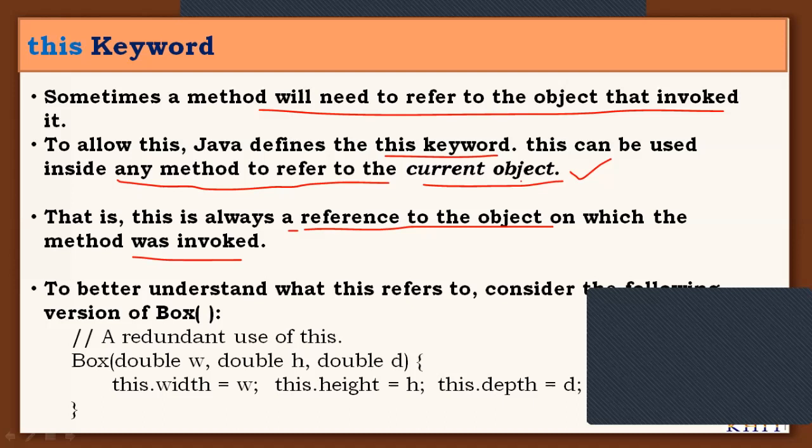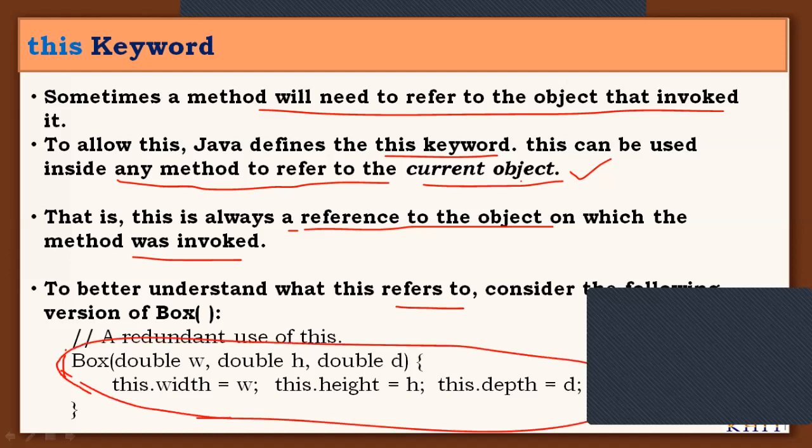To better understand what this refers to, consider the following. Here I have a constructor with these values, and we are initializing the instance variables of the Box class. You already have knowledge of this.